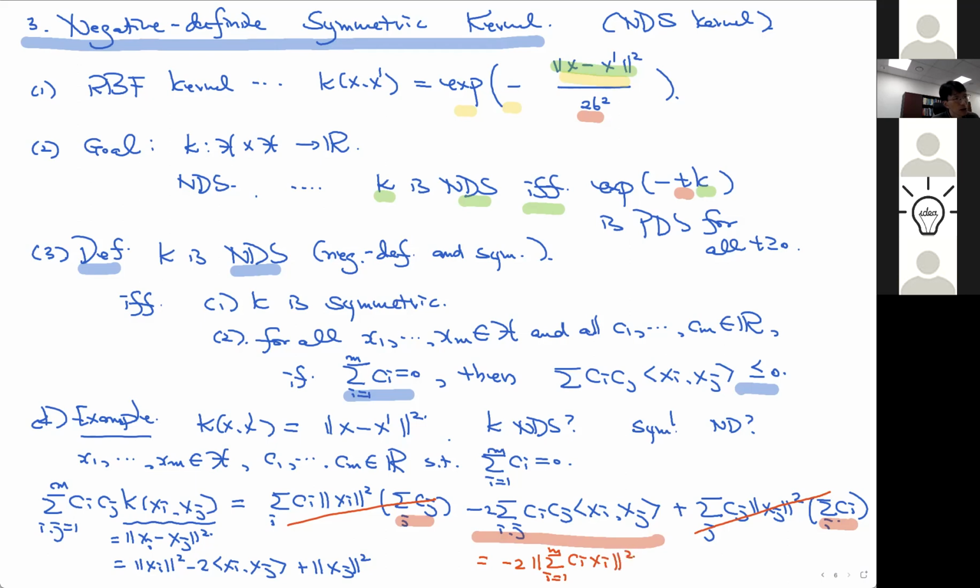The norm squared is always greater than or equal to 0, so the whole thing is always smaller than or equal to 0. So that's how you can prove that this K is a negative definite symmetry.